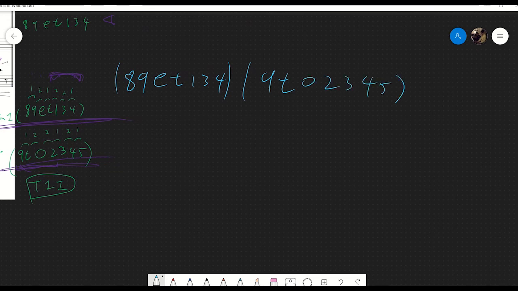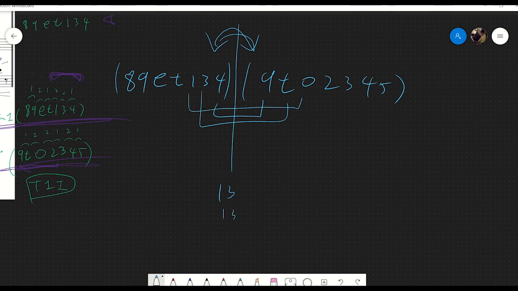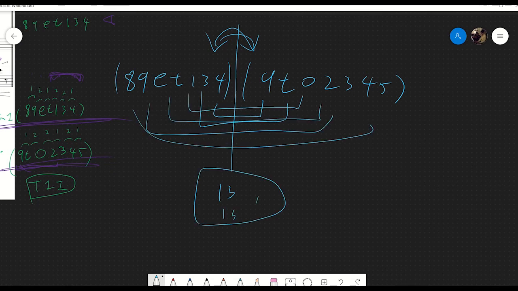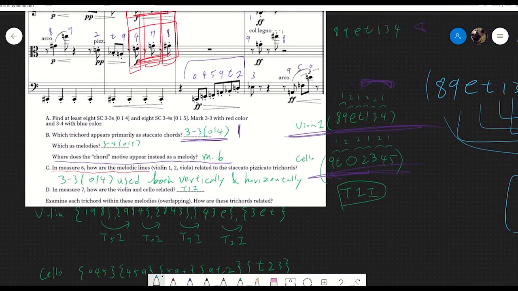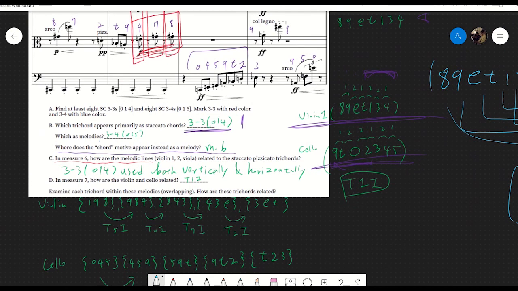We know that they are inversionally related, so we need to add those pairs, which adds up to 13, adds up to 13, adds up to 1, and so on. You will see that they all add up to either 13 or 1, which on the clock face all equals 1. So they are related by T1I. Okay, so that's the answer for this: they are related by T1I.